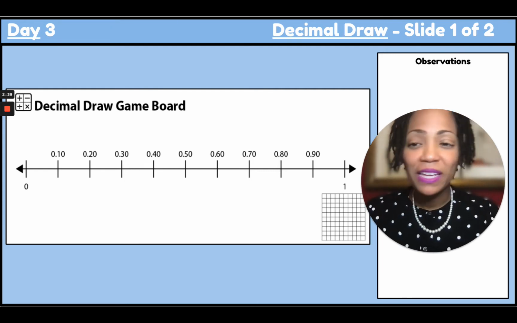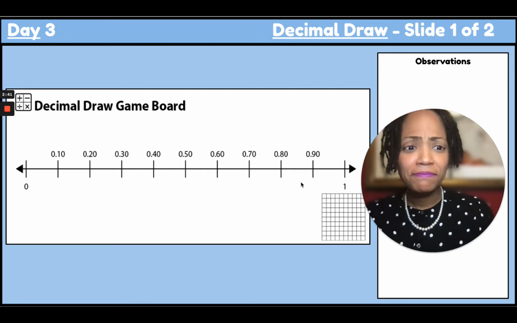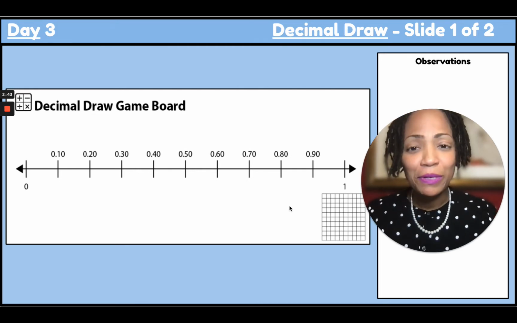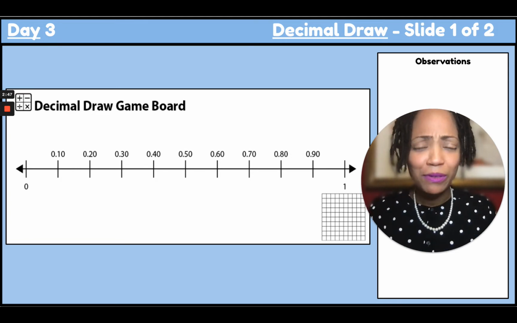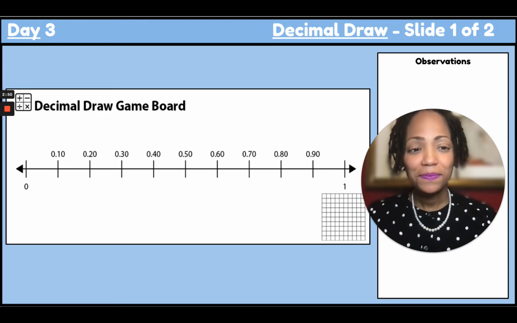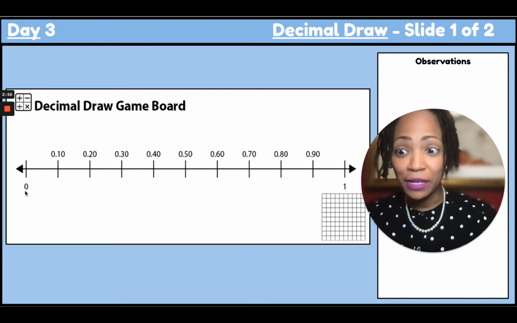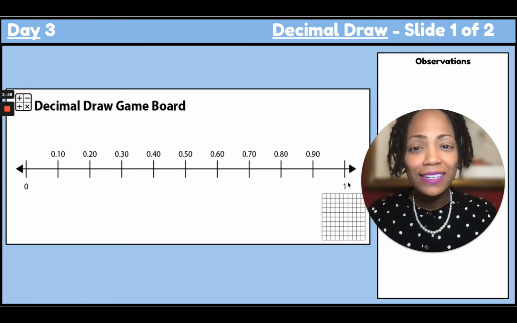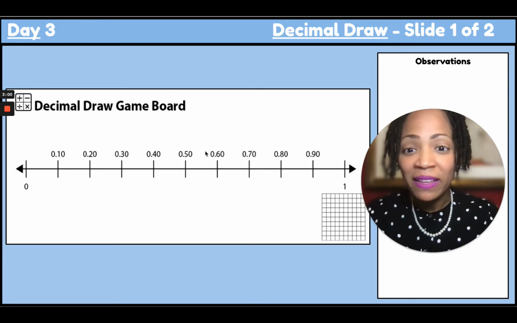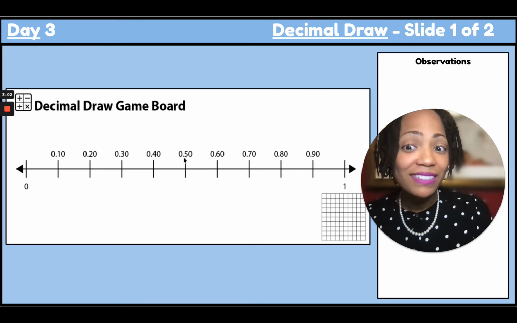Before we do, I want you to take a look at this number line. Pause this video if you need to, and tell me what you observe. What do you notice? What do you see? Yeah, the number line goes from 0 to 1. And there's some numbers in between. They look kind of big, but there's a decimal there.